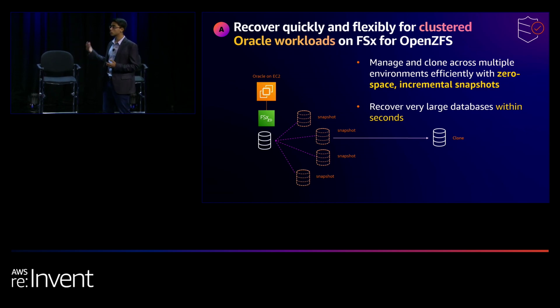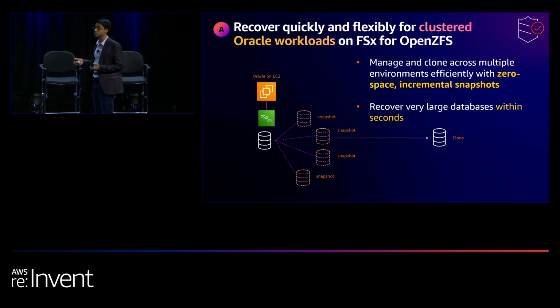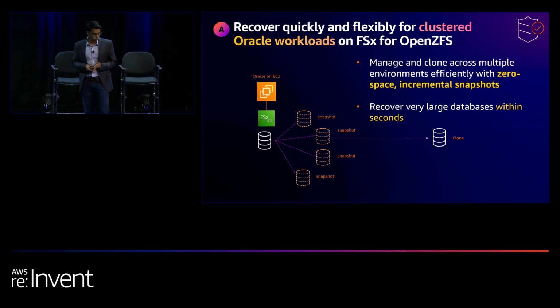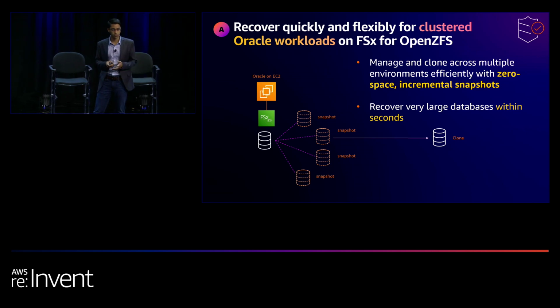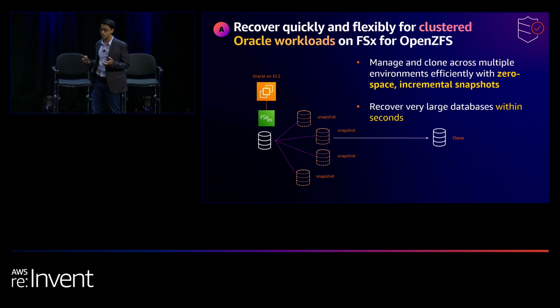And FSx for OpenZFS provides that fully managed file storage, and it's built on the popular OpenZFS file system type. And one of the benefits of FSx for OpenZFS is it offers that rich set of ZFS-powered capabilities, including things like point-in-time snapshots, in-place data cloning, on-demand data replication.